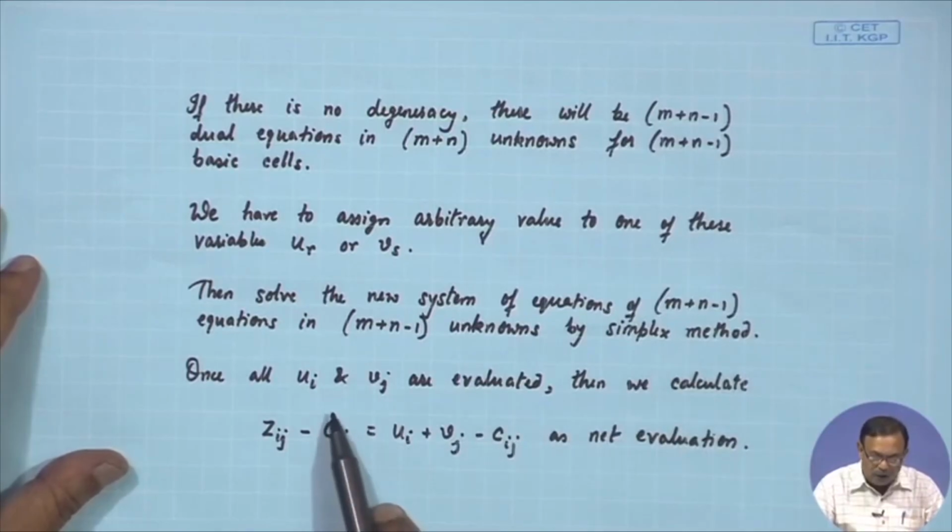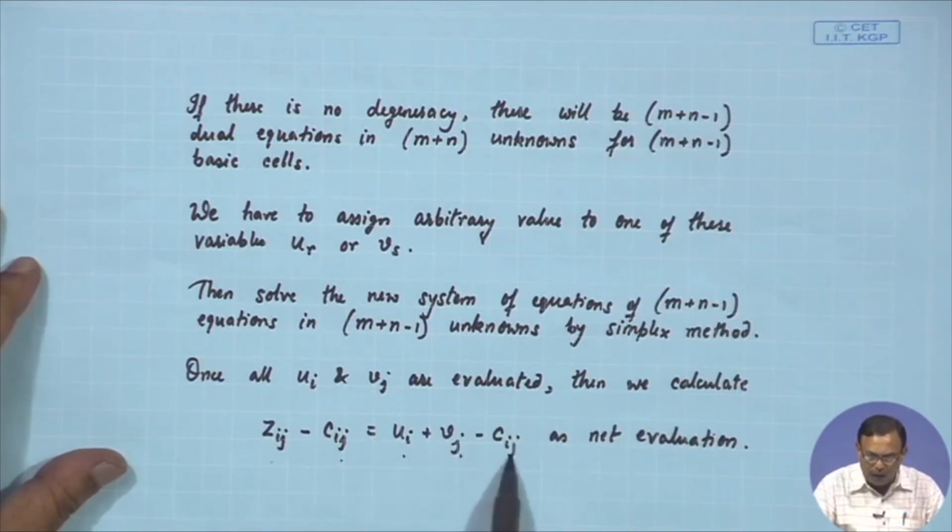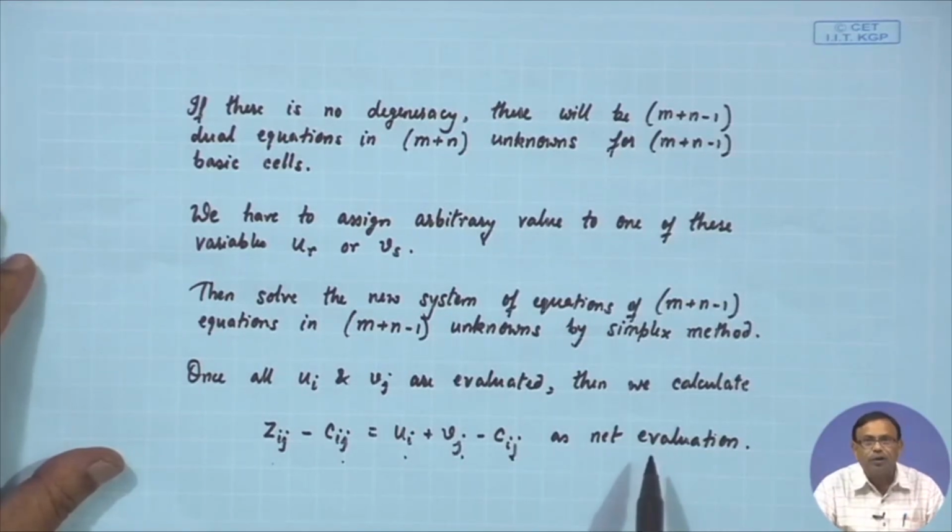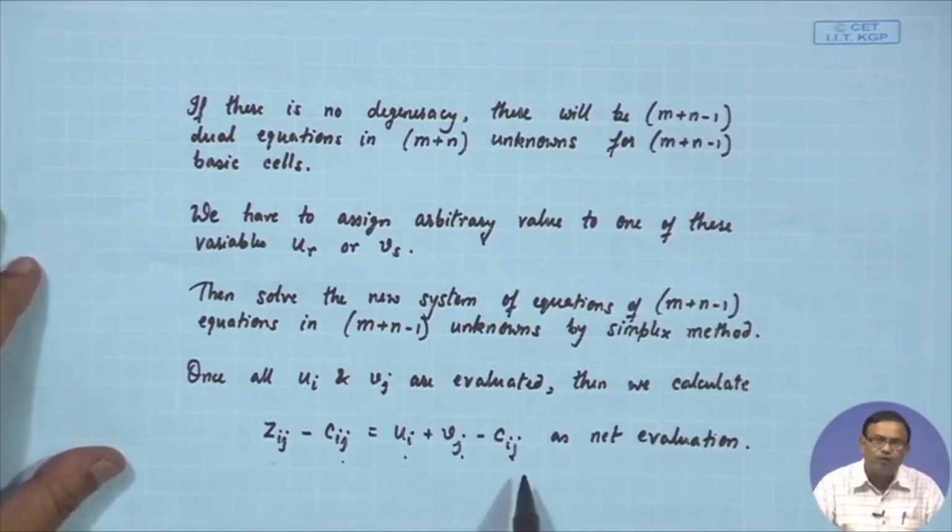Once all u_i and v_j are evaluated, we can calculate z_ij minus c_ij equals u_i plus v_j minus c_ij as the net evaluation, which is an important equation for us. For finding optimality, we will use this particular condition, which we will discuss in the next class.